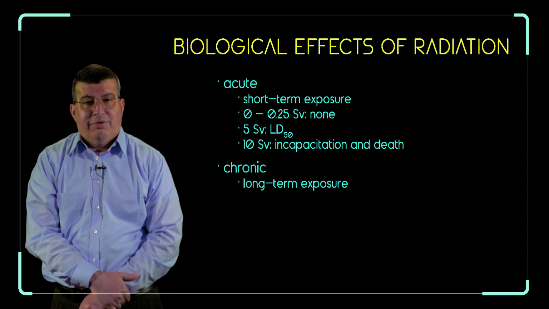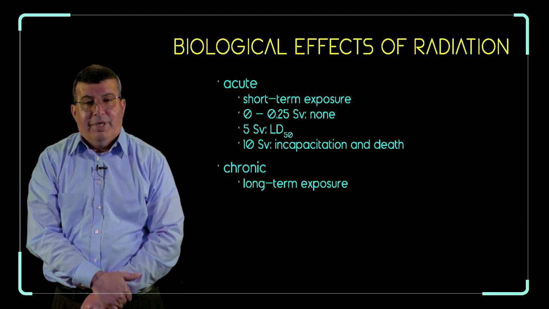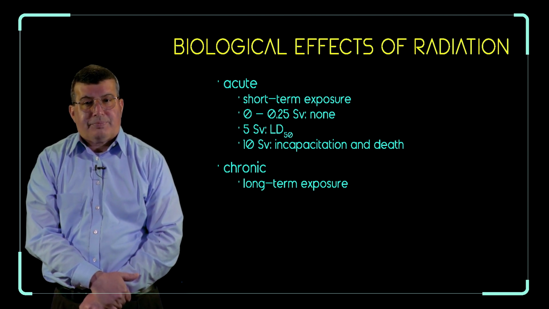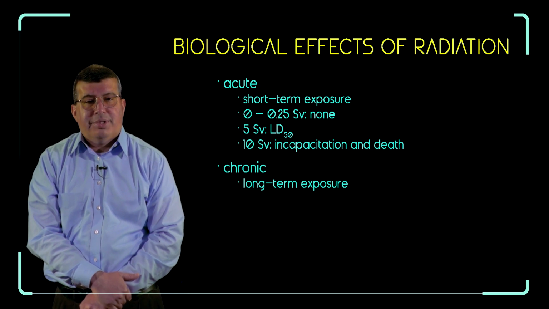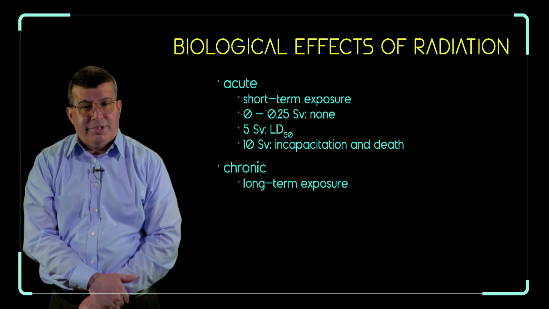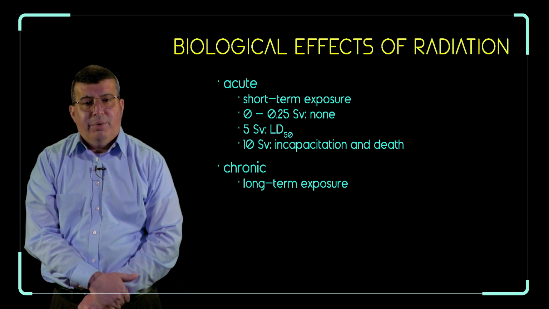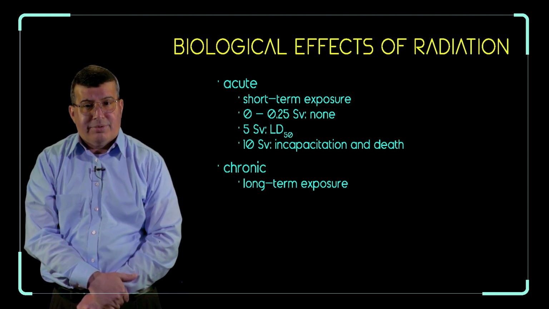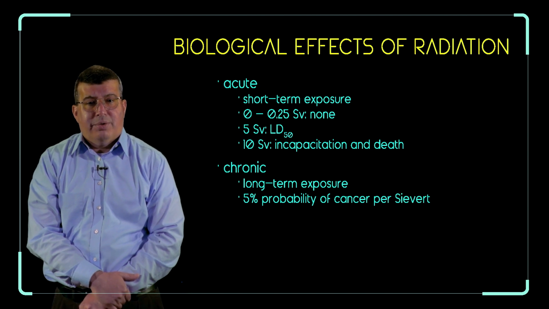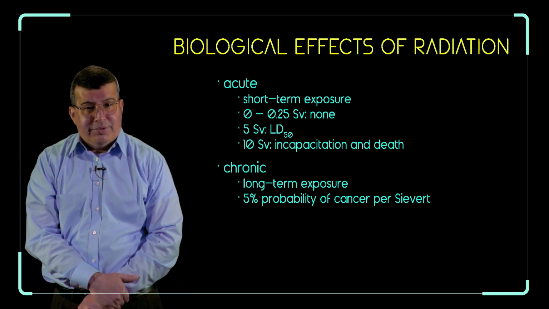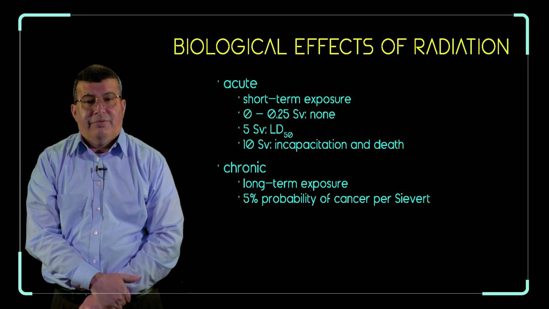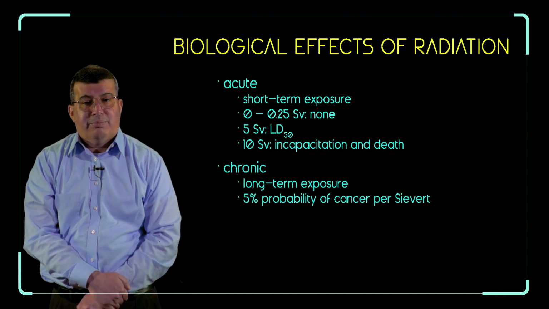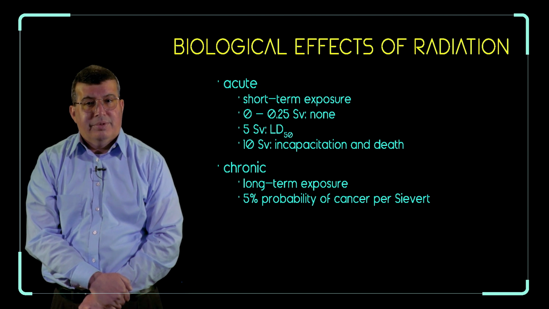So you're going to receive radiation throughout your life, and that adds up. And the way that it adds up is for every sievert that you receive over the course of your life, you have a 5% probability of developing a cancer. So for a chronic dose, you add up all of the sieverts of radiation over your life, and every sievert gives you about a 5% probability of getting cancer.